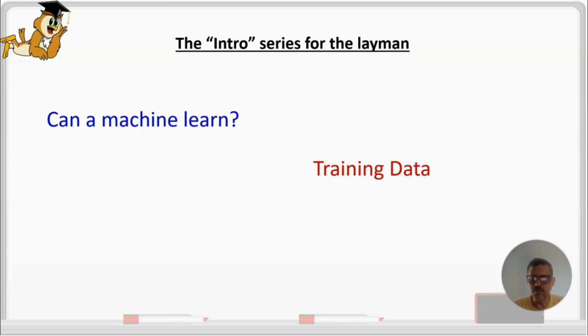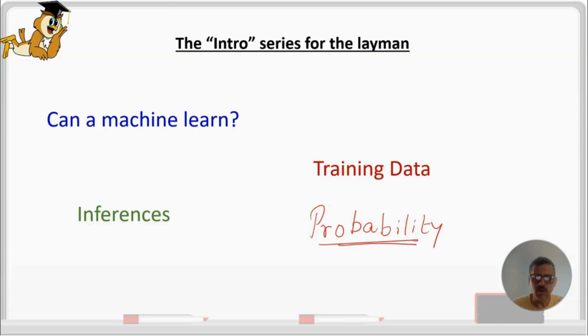We looked at the importance of training data. We studied what training data actually is and its importance in the machine learning process. And then we talked about how you could draw inferences from training data, right? So when we talked about drawing inferences, in particular, we talked about probabilities, right? Okay, probability.